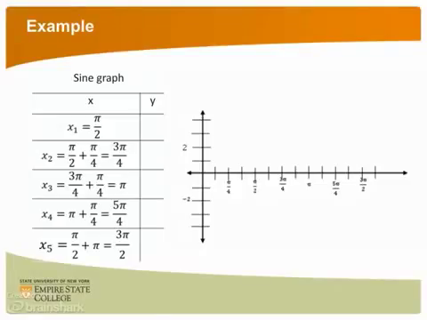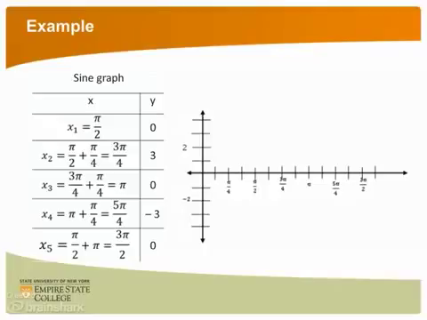Now that we have all the x values, let's find the corresponding y values. We are graphing a sine function. This means the y values for x sub 1, x sub 3, and x sub 5 are all 0. The y value for x sub 2 is 3, because that is the value of a from the function. The y value for x sub 4 is negative 3, which is the opposite of the a value.